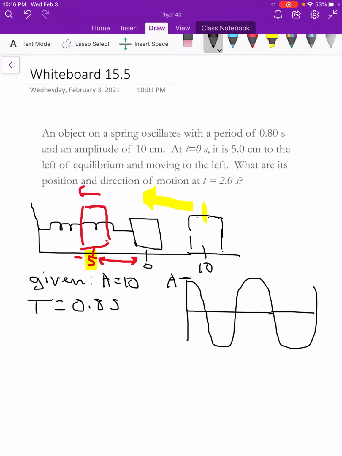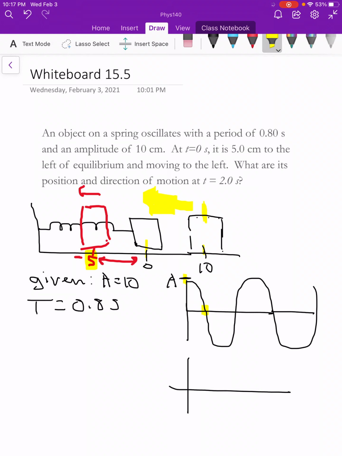I know that I'm not at 0, I'm to the left of 0. So if I think about how this top graph traces out, this is my starting spot here, and then when I get to 0, it's heading to the left this way, and I get here, and this connects with that point.